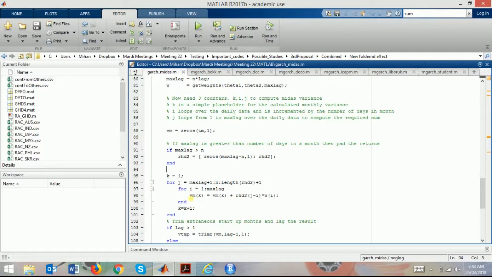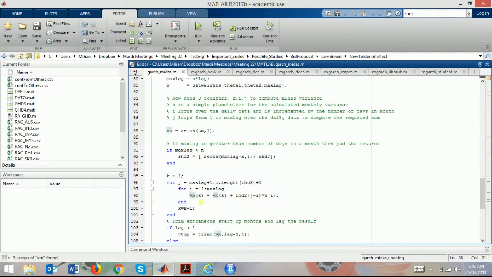So k is equal to 1. For j is equal to max lag, we have always been subtracting, so plus 1 to the length of RHD plus 1, increasing by 1. So from max lag to the length; if max lag is 22, 23, if length is 2000, that many columns, basically this is the column.